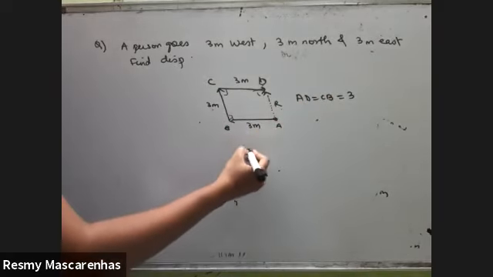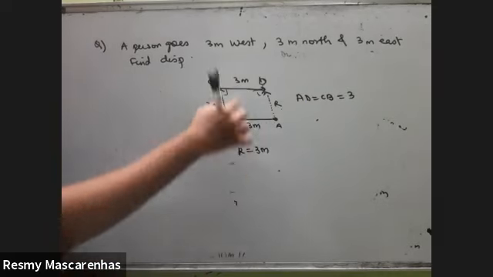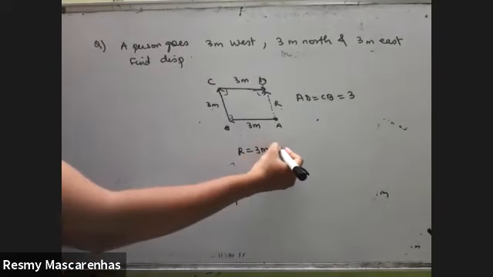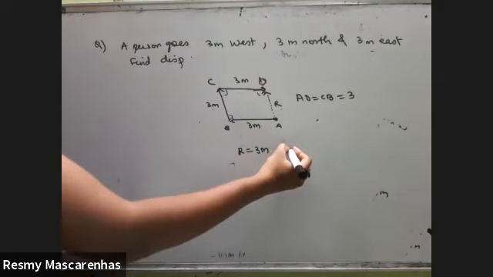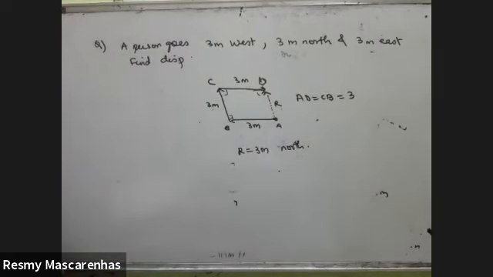So therefore R is 3 meters. If direction is asked, it's always towards north. This is important. Displacement is 3 meters.